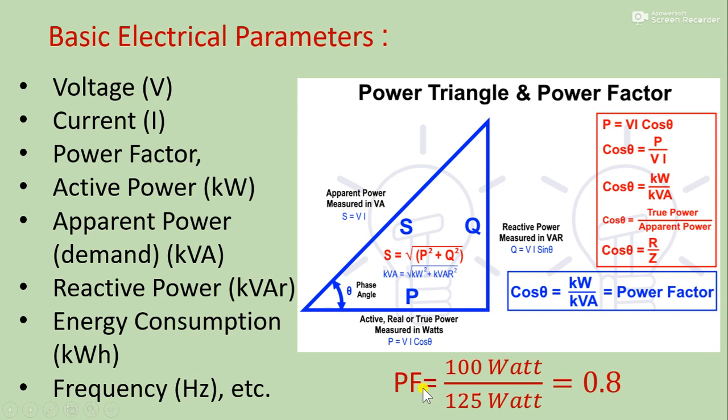Let us see about power factor. To understand power factor, we will see the diagram. This is a triangle. Its base represents true power, which is called active power. The hypotenuse represents apparent power, and the third side represents reactive power.